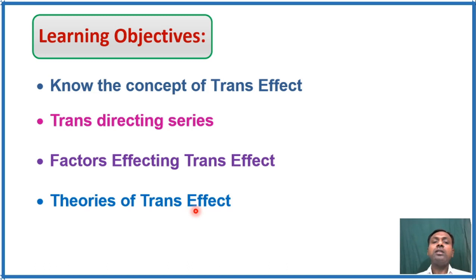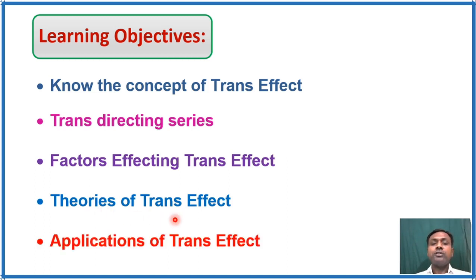So how this trans effect can be explained by the two theories called electrostatic polarization theory and pi bonding theory. What are the applications of trans effect? How can we apply this trans effect in the substitution reactions of the metal complexes?